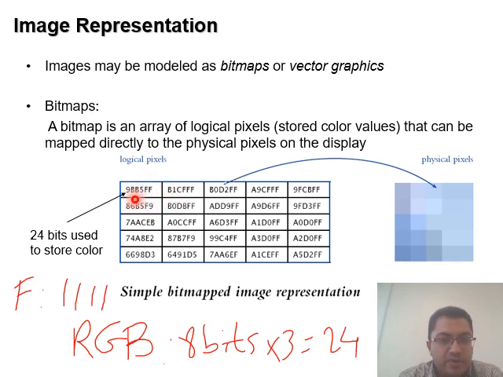And the green component is B5, and so on for the other pixels. So this is what the bitmap representation is: representing an image as an array of logical pixels, and each pixel maps to the physical pixel that appears on the screen.